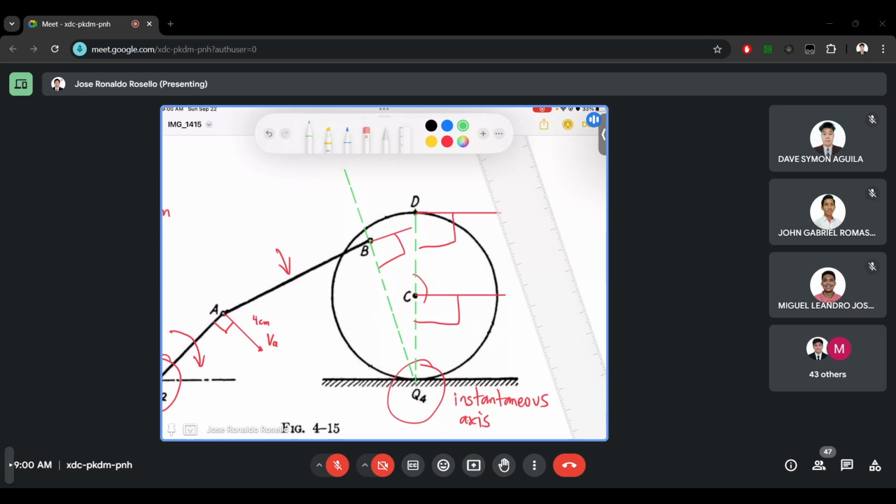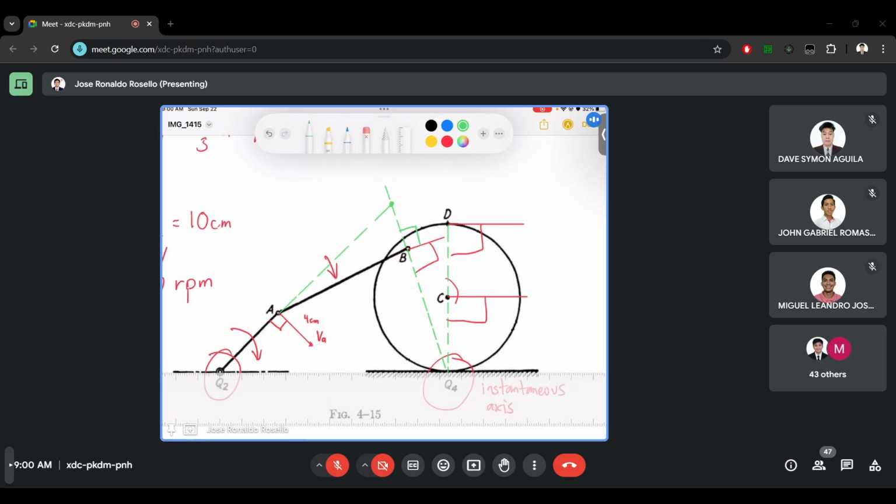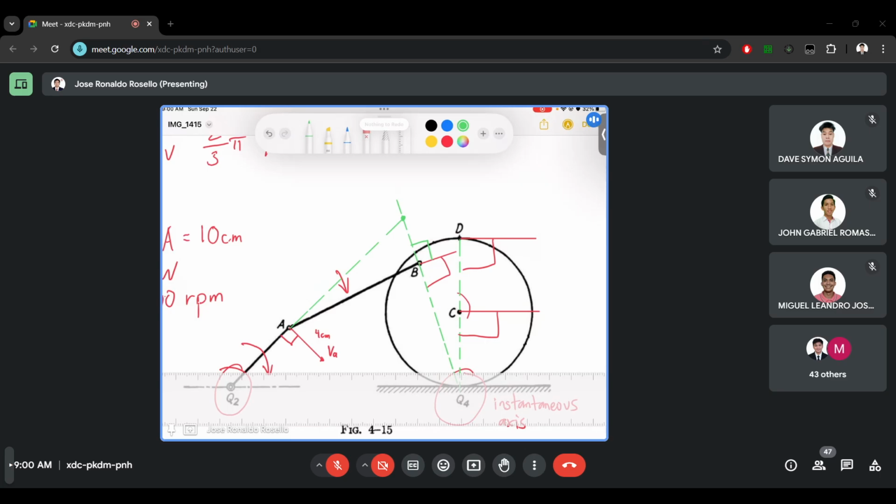This is perpendicular to the vector of B. Then on A, I will also make a perpendicular line. And these lines will intersect. Their intersection will now be the instantaneous axis for points A and B. So let's make it Q3.